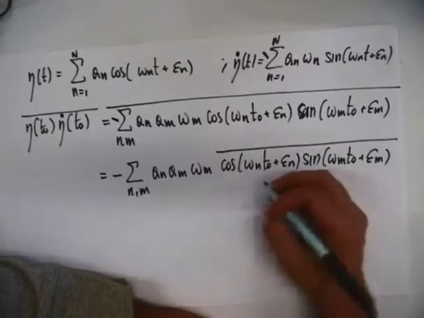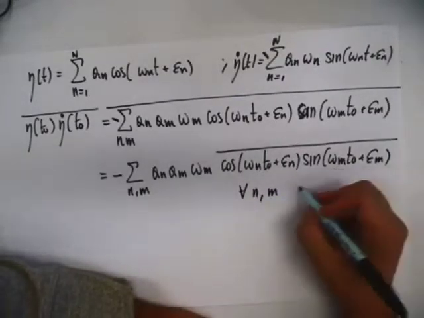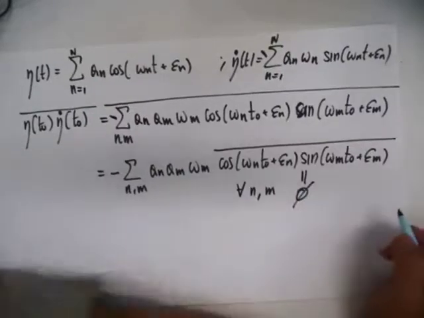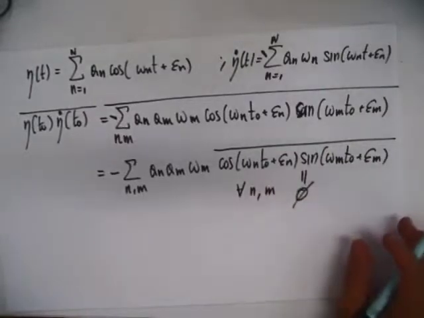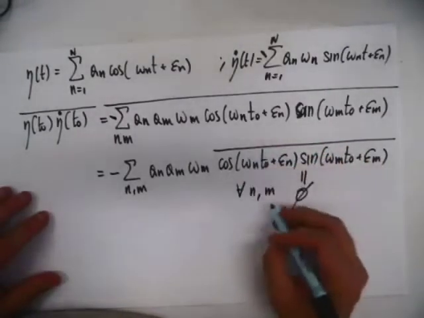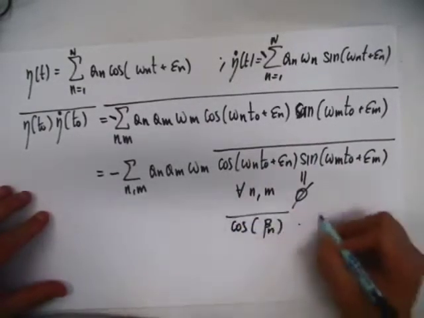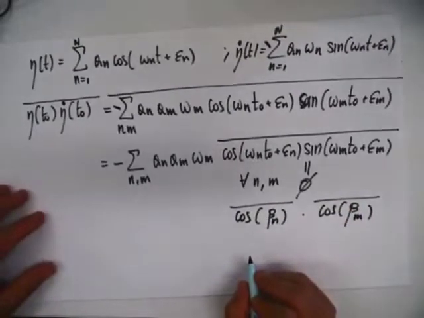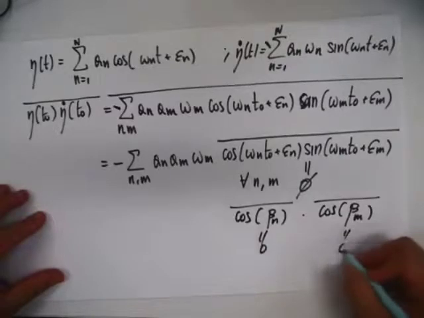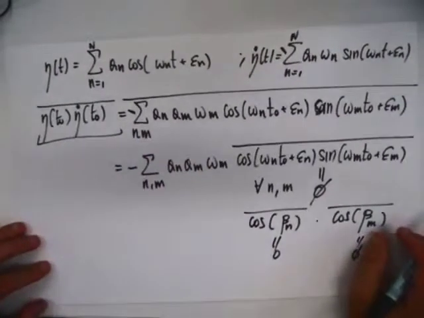It's easy to realize that for any n and m this is equal to 0, because these are stochastically independent. So it is the average of cosine beta_n times the average of sine beta_m, which are both equal to 0. So we prove this very easily.